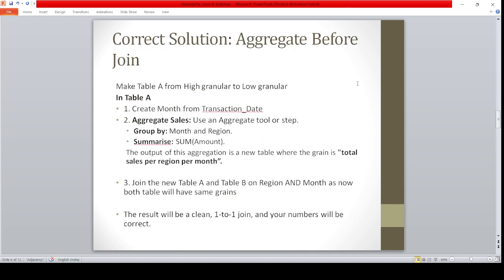So what is the correct solution? Make table A go from high granularity to low granularity.